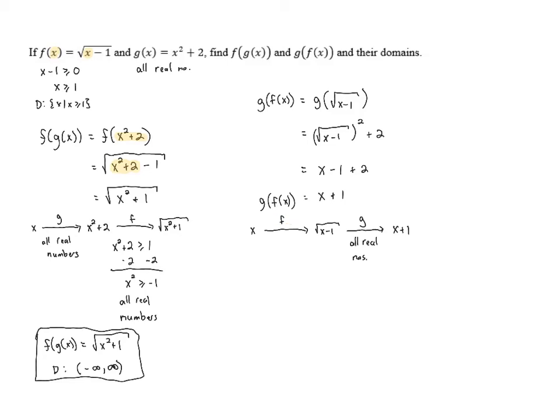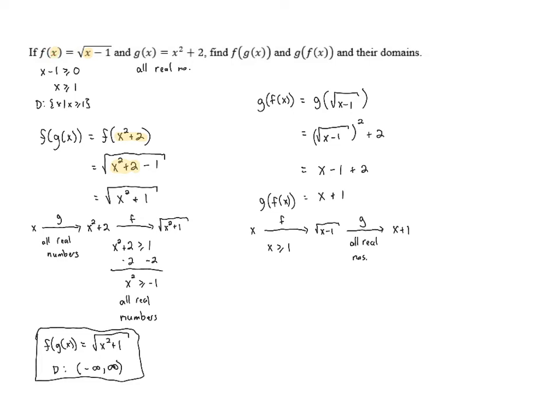And if we look for the domain of f, the domain of f is the set of numbers greater than or equal to 1. So we need the input to be greater than or equal to 1, which means x has to be greater than or equal to 1. The domain is not going to be all real numbers, because if we pick something that's not greater than or equal to 1, for example 0, and we try and plug it into f, we would get f of 0.